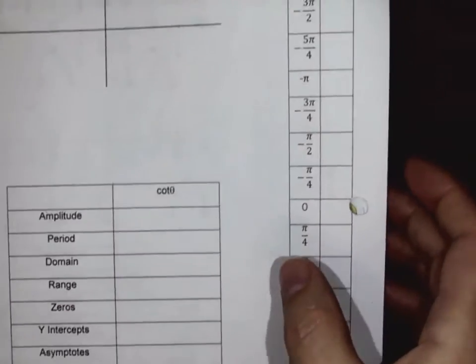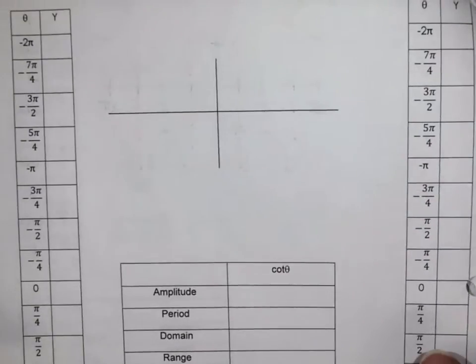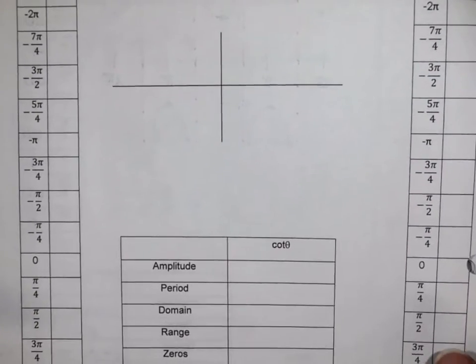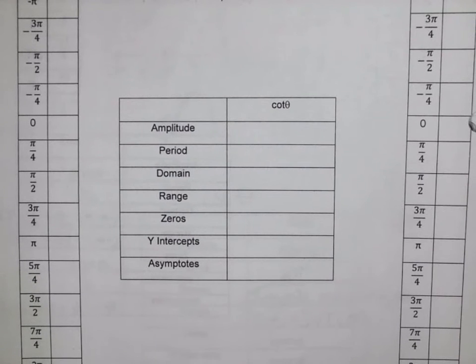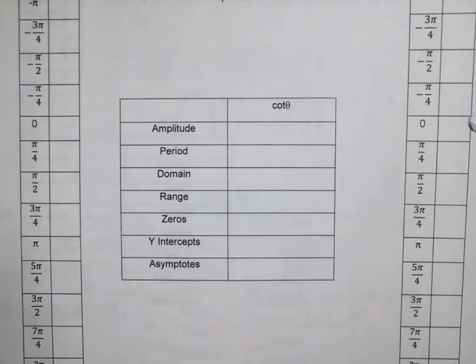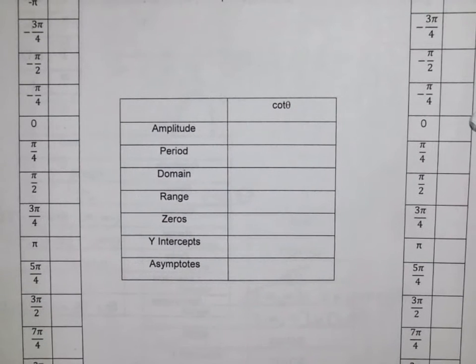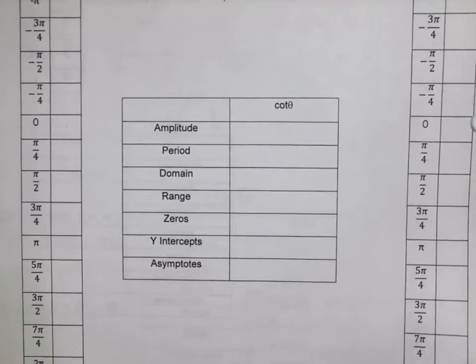Okay. Oh, the big tan chart again. Okay, let's do our positive stuff first. At 0, what's tan at 0? Okay, so unit circle.